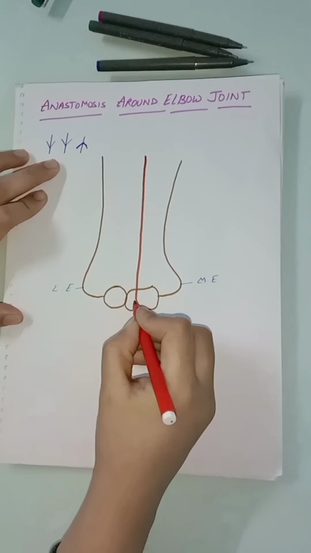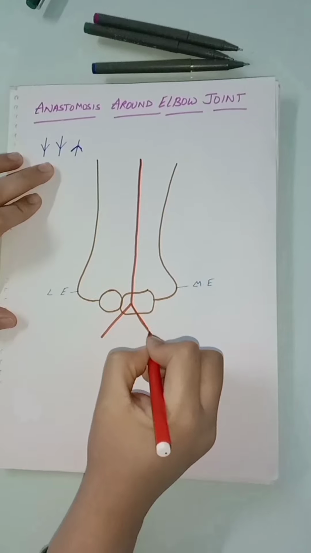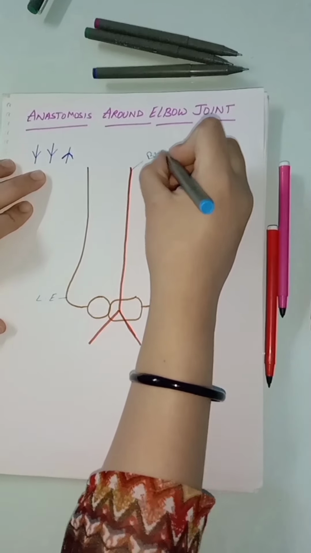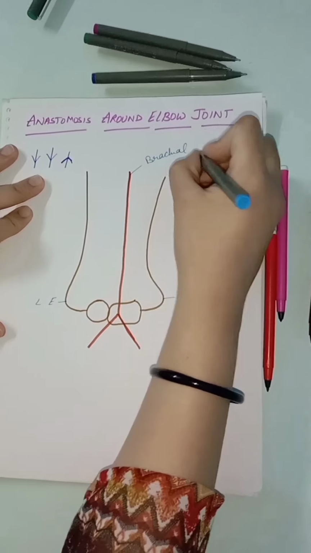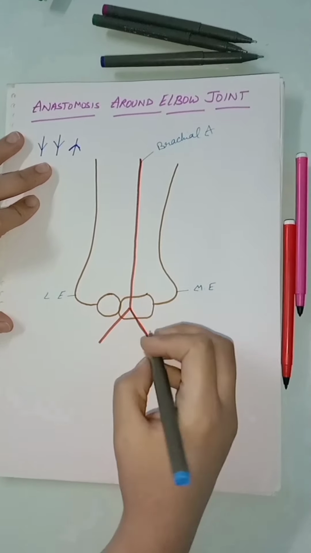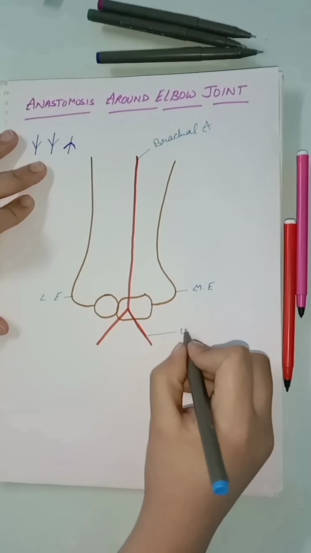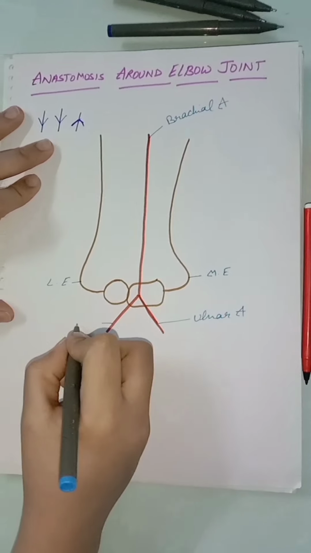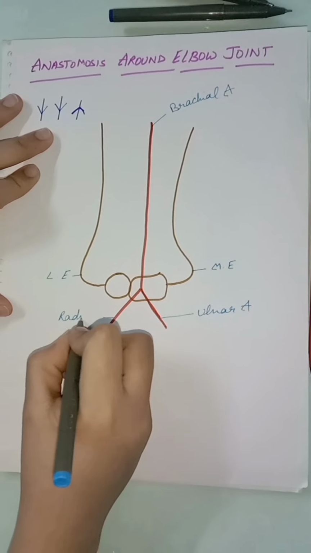which is divided into two terminal parts. This is the brachial artery and it is divided into two terminal parts. This is the ulnar artery and this is the radial artery.